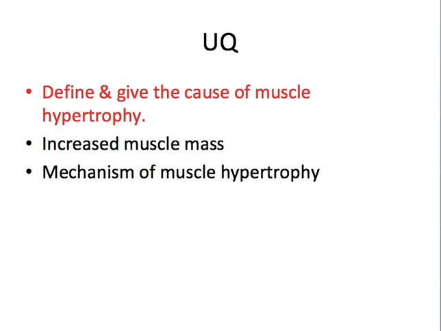When the total mass of a muscle increases, this is called muscle hypertrophy. This can be achieved through forceful muscular activity for a long period of time, like 6 to 10 weeks. And this kind of hypertrophy is seen in weightlifting.